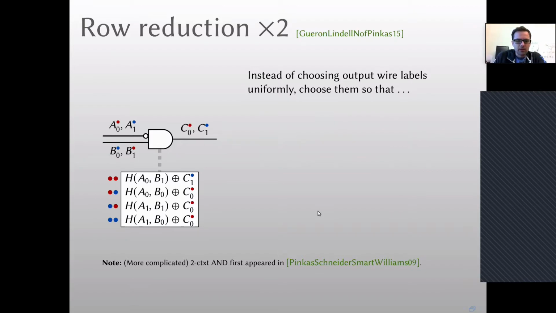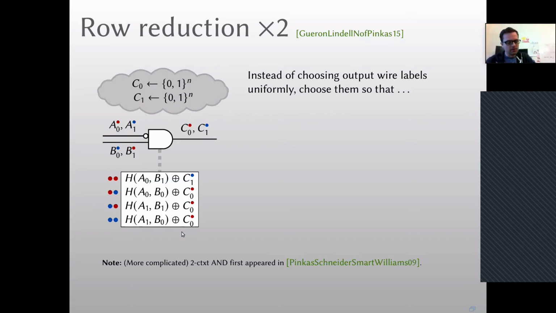Okay, good. One more nice trick. This is a fancier version of row reduction. Again, I'm going to start with the standard point-and-permute AND gate that costs 4. And I'm going to take this reasoning to the next step. Previously I said, don't choose these output wire labels randomly.